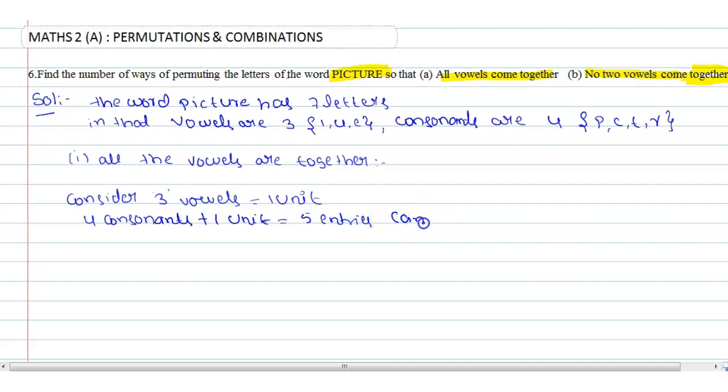This can be done in 5 factorial into 1 unit factorial ways.